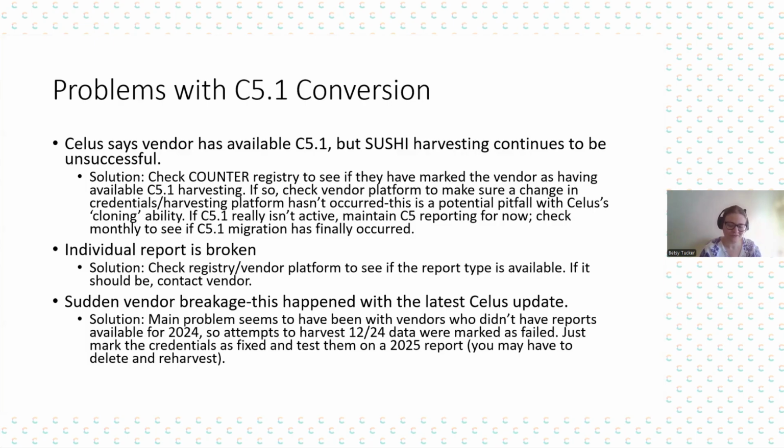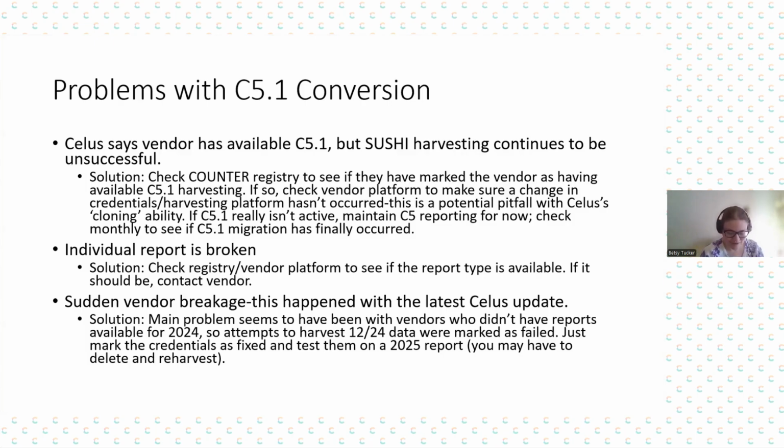If it should be available, then I've contacted a couple vendors at this point to see what's going on with their COUNTER 5.1 conversion. There are still a few having some specific problems, though that has mostly faded at this point. It's much better than it was early in the year when I was starting to explore COUNTER 5.1 conversion.